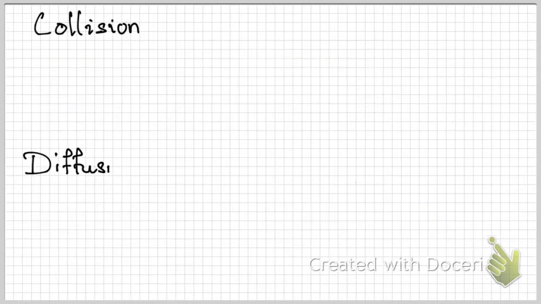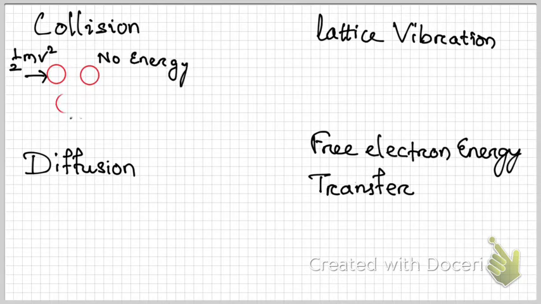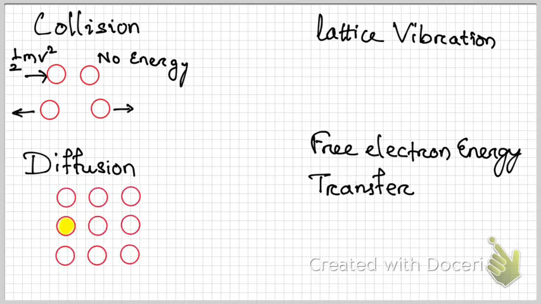Now let's talk a little deeper about collision, lattice vibration, diffusion and free electron energy transfer. In collision, one particle which is more energetic comes and collides with a no-energy particle.